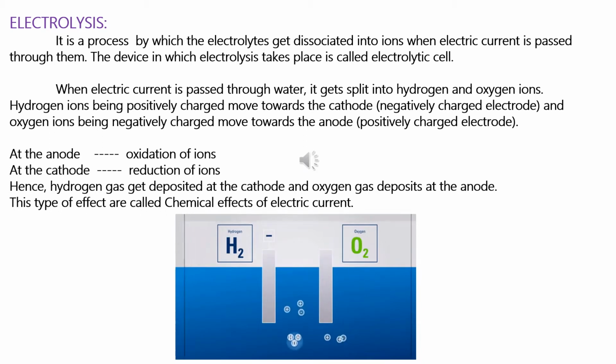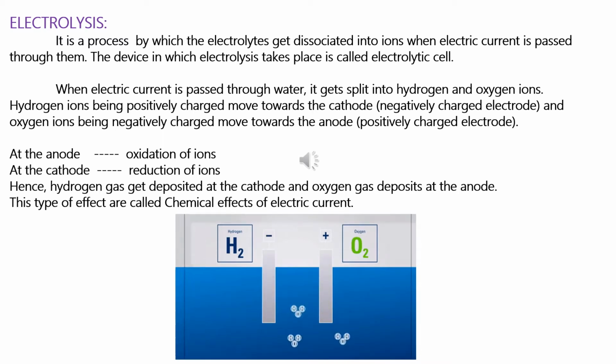The hydrogen positive ion moves towards the negative electrode called the cathode, whereas the negative oxygen ion moves towards the positive anode.